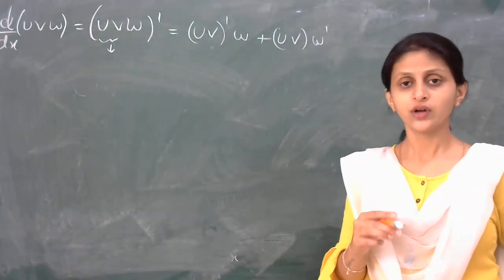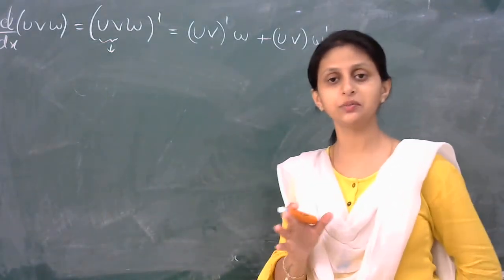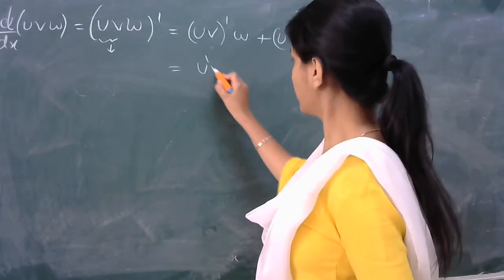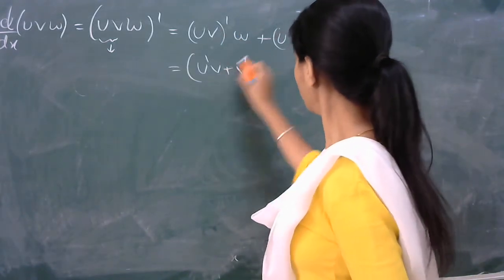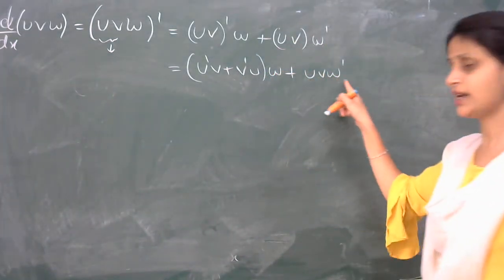Repeated application of product rule. Because again we are using product rule, hence it is called repeated application of product rule. So if you again use product rule here, it would be (u dash v plus v dash u) into w plus u v w dash. This is written as it is.